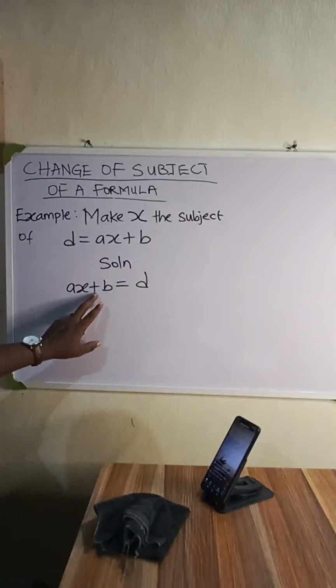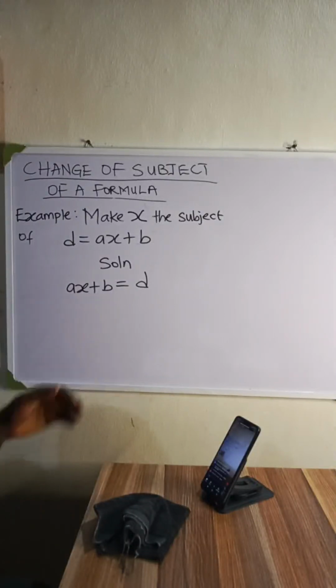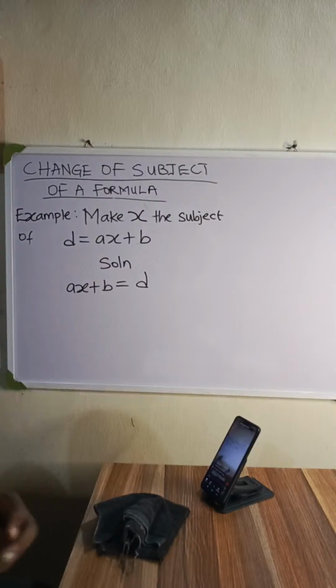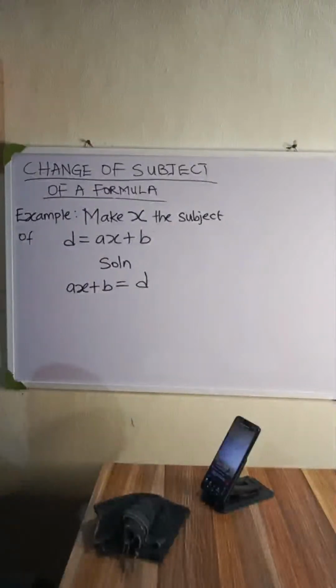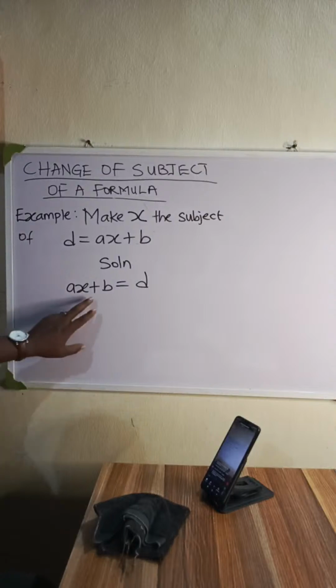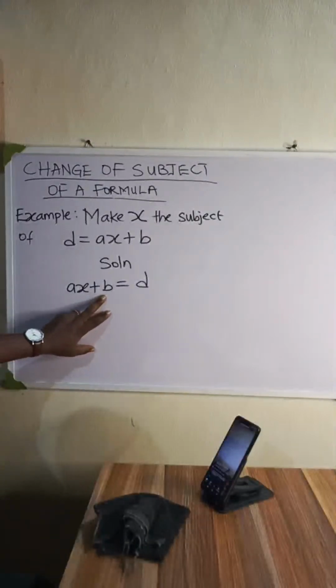Since we want to eliminate plus B on the left side, we introduce the opposite of plus B, which is minus B. Okay, so we introduce minus B to both sides.